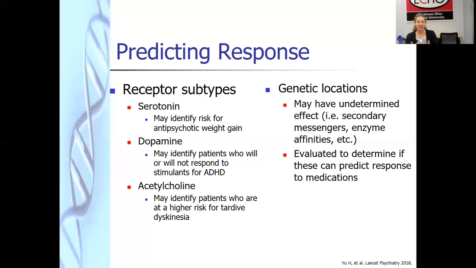There are some that look like they have relatively robust effect sizes, but then you look at another collection of studies and they did not find any difference whatsoever. Again, that's most likely due to the epigenetics. So it may not just be that one location, there may be 5 that are involved. And when everything aligns just right, then you can predict response, but we just don't have that amount of data or support at this point.